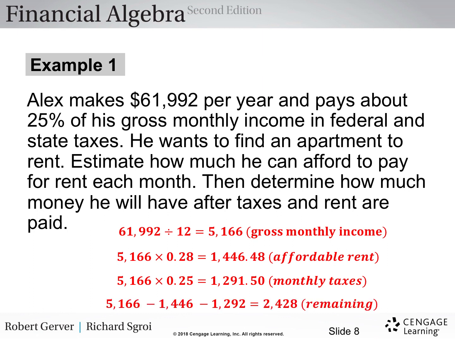So if we add the amount he spends on rent and the amount for taxes each month and subtract them from his gross monthly income, we come out with $2,428, which is the amount of money he has left each month for things like food, entertainment, transportation, things like that.